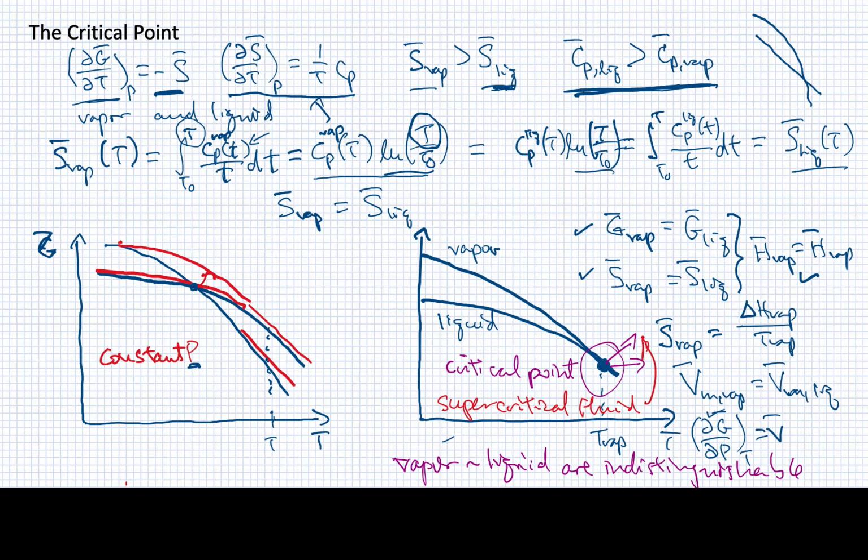So supercritical fluid is going to be in that range that represents higher pressure and higher temperature than the critical values of those two things. So this critical point actually has a very fascinating thermodynamic definition, and we're going to see how it's manifest in a phase diagram in the next lesson.